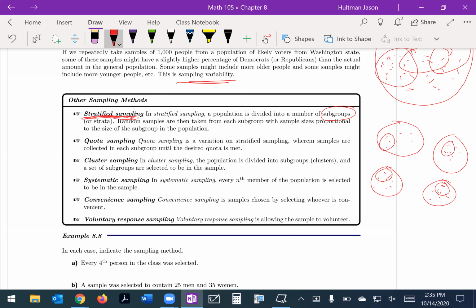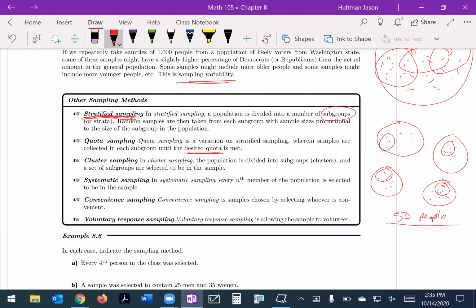Okay, that's stratified. Quota sampling is a variation of stratified sampling, wherein samples are collected in each subgroup until a desired quota is met. So we keep taking them until we reach the desired amount of people that we want. Say that we want 50 people for our survey, then we would take enough people equally from them until we met that amount.